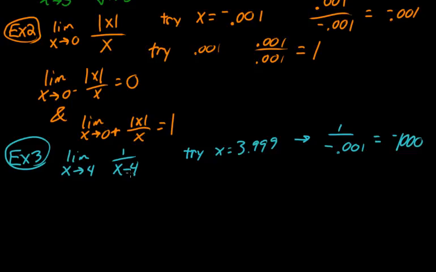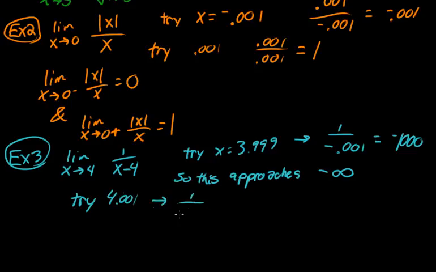And if we plugged in an even closer number, we would get a bigger negative number here. So this approaches negative infinity. Well, let's try a number a little bit bigger than 4. Try 4.001. Well, that would give us 1 divided by 0.001.